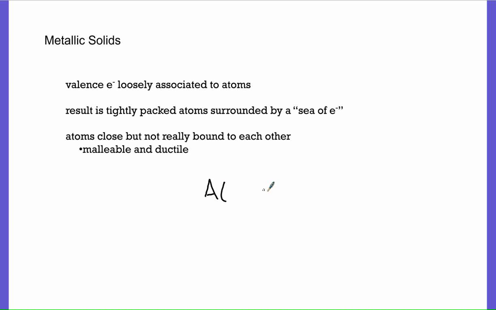All those aluminum atoms in my solid have these 3 valence electrons that they really don't want. Metals tend to lose electrons in reactions, and therefore all these aluminums have 3 electrons surrounding them, but they don't really want those electrons, so those electrons don't stay put.